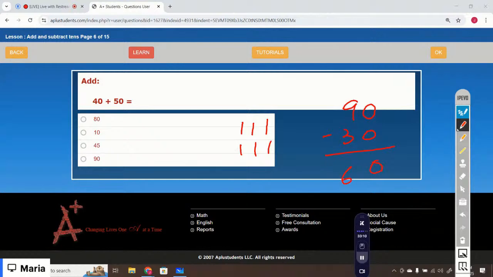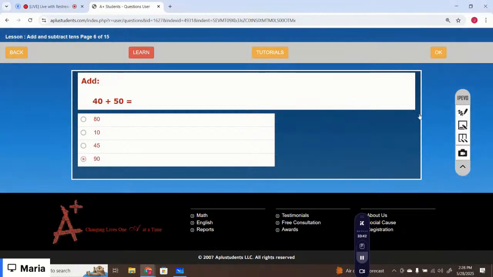Write them down one above the other. And the answer: 0 plus 0 is 0. Then 5 plus 4 is 9. So 50 plus 40 is 90. So the correct option is 90. Option number 2 is the correct option.